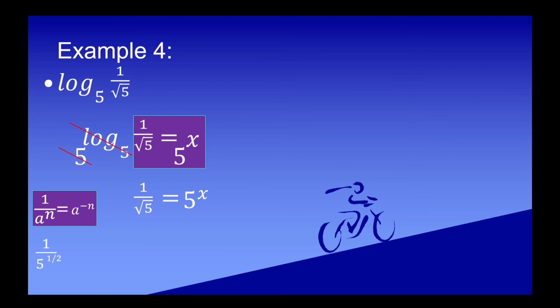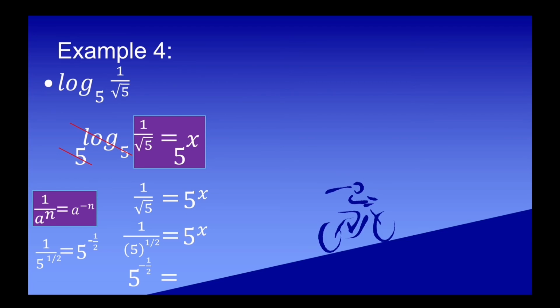But our a here is 5, and the square root is equivalent to the exponent 1/2. Then 1 over 5 raised to 1/2 is equal to 5, it becomes negative, magiging negative yan. So 5 raised to negative 1/2. So 1 over square root of 5 is equivalent to 5 raised to negative 1/2, which is equal to 5 raised to x.